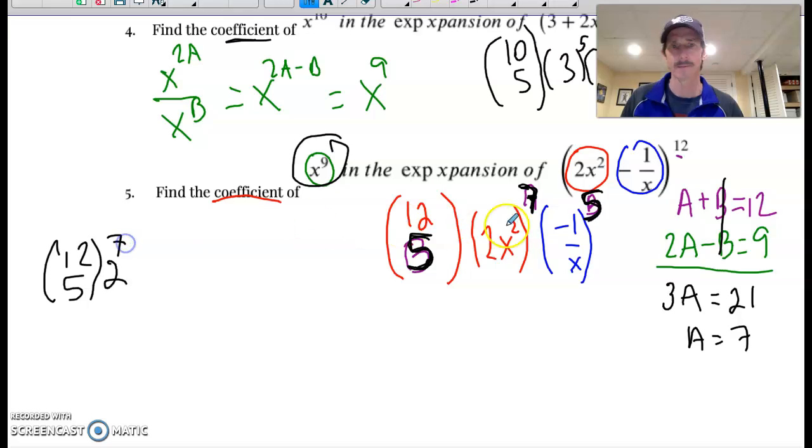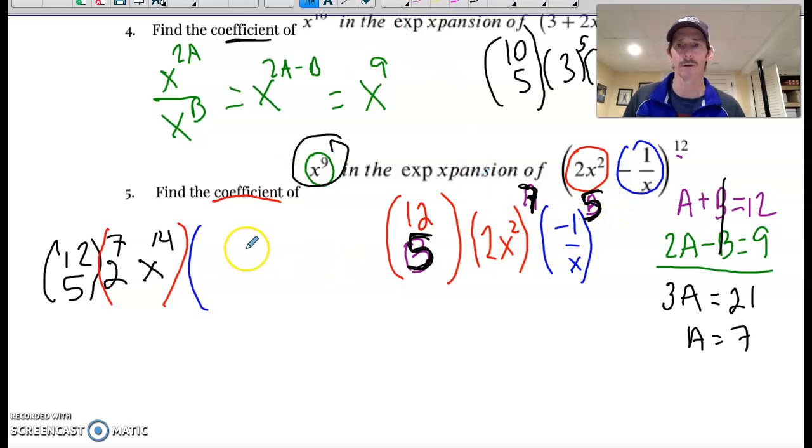to 2. And if I apply 7 to the x squared, it's going to become x to the 14th. And I shouldn't have changed colors, but I did. So I'm going to just put that in red parentheses. And then I will put the next one in blue parentheses so we can kind of see where they're coming from. If I take negative 1 to the 5th power, it's just going to be negative 1.